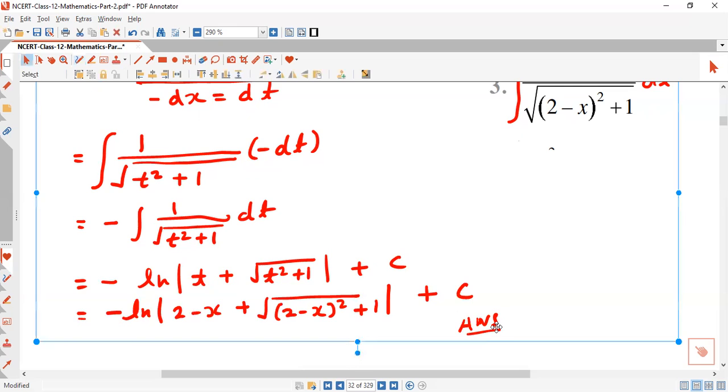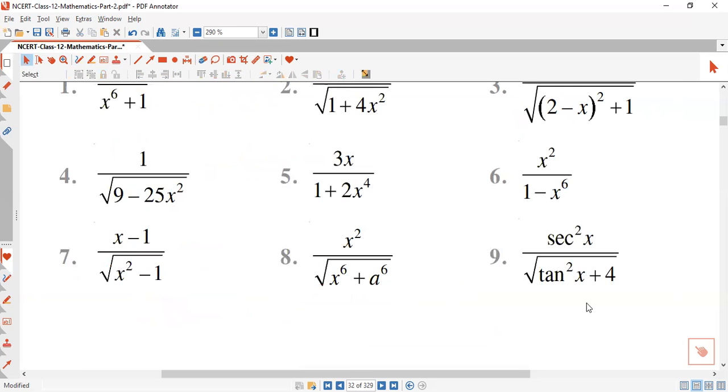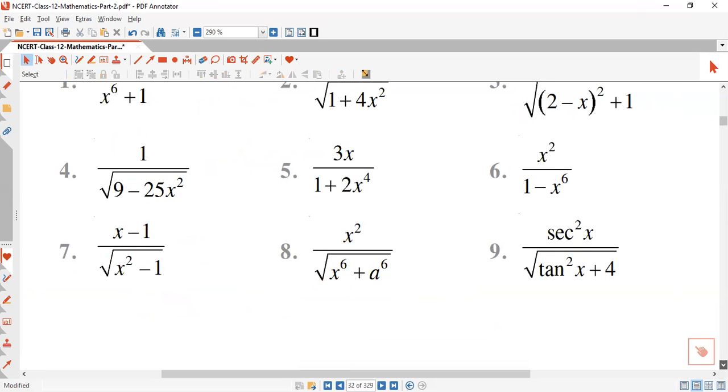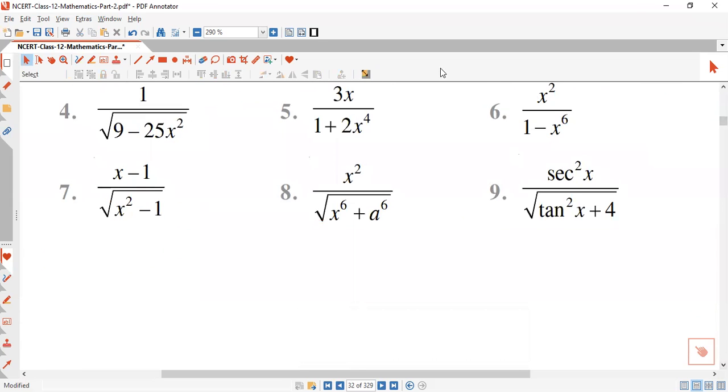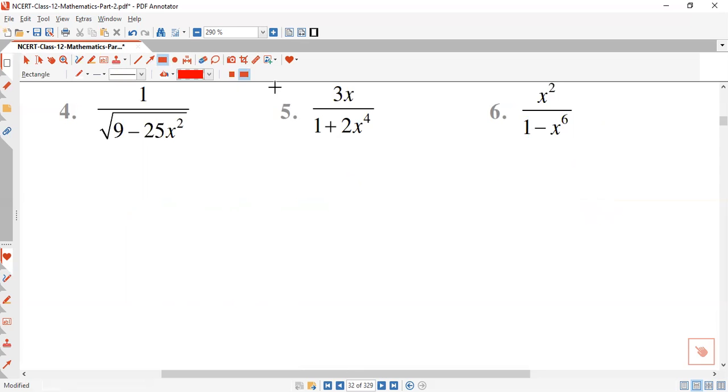Now we do the next question, number 4. Question number 4 says 1 upon under root 9 minus 25 x square.